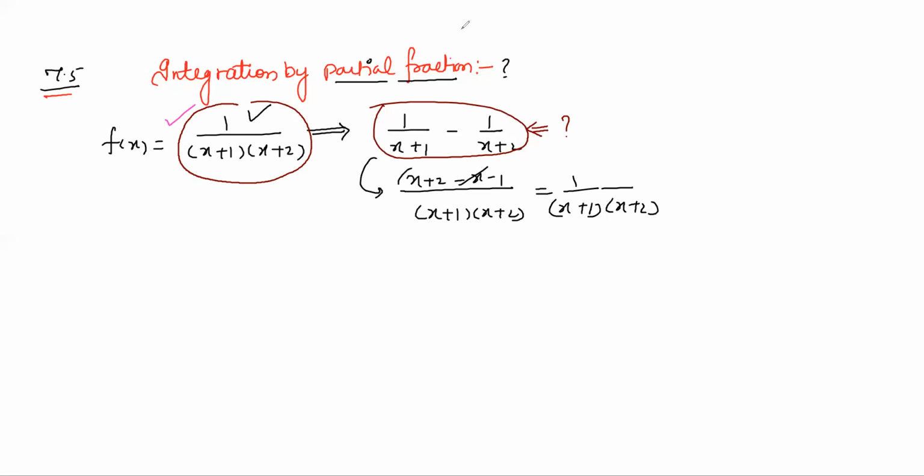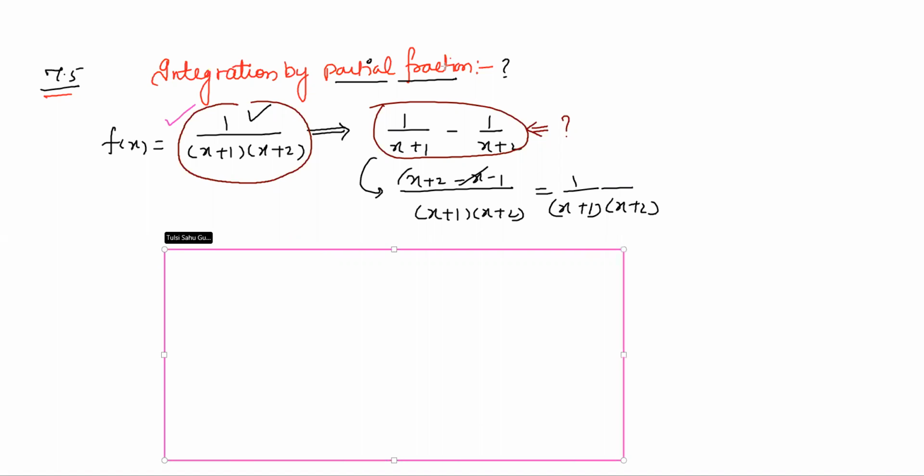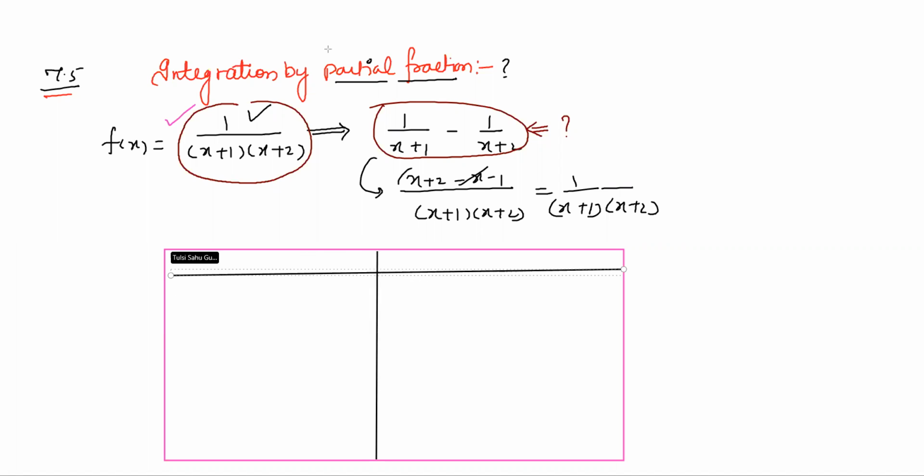So just write down those forms. Make a table like this and note it down with me. I'm writing the forms of the partial fraction and how we'll solve it, what their solution form will be.